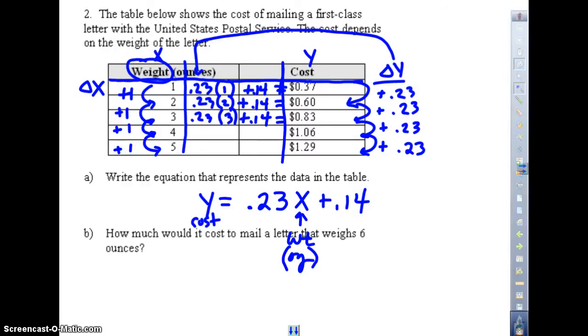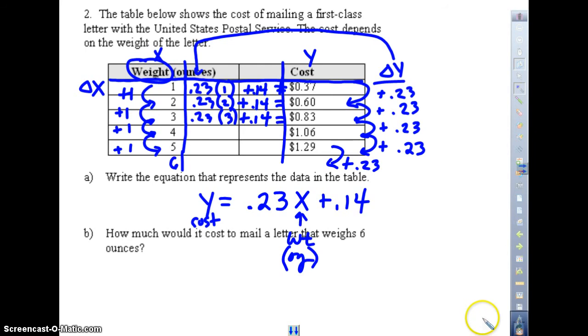Part B says, what would it cost to mail a letter that weighs 6 ounces? You know, I think I'm going to have to change this because it's real easy just to add 6 here, right, into your table. It's easy to add 6 ounces and do what with this number here? Add another what? Yeah.